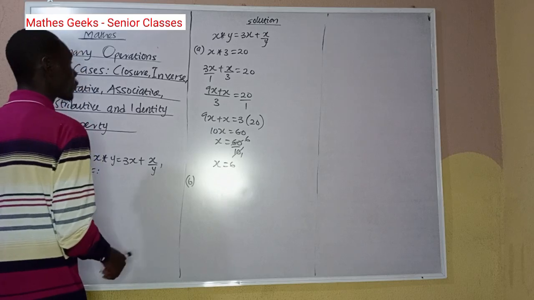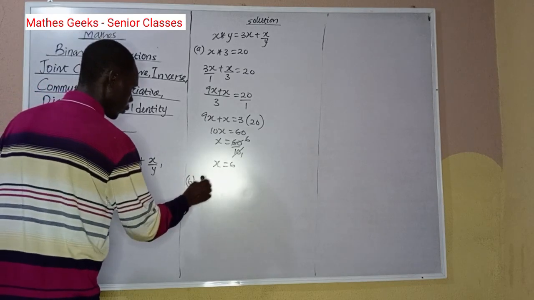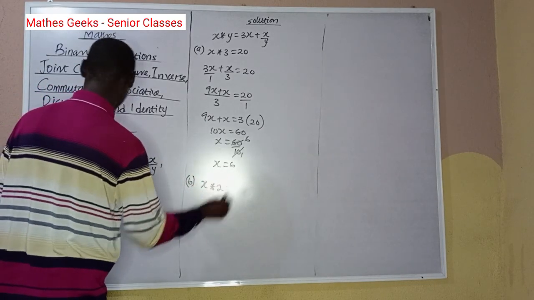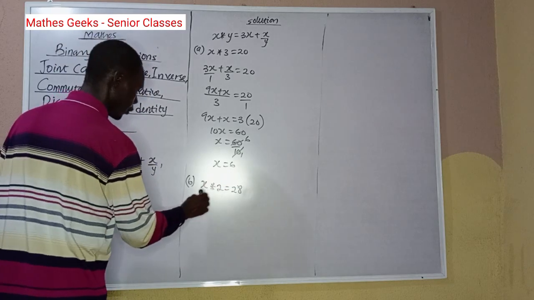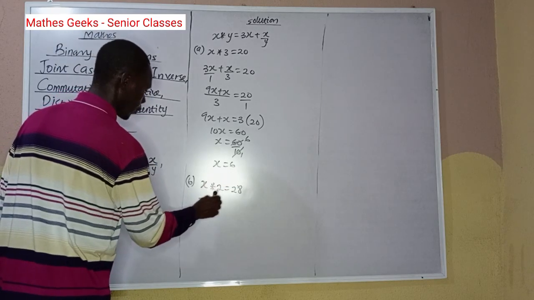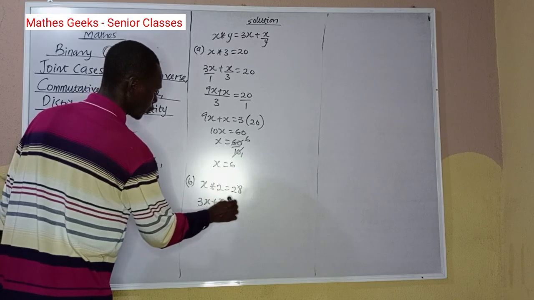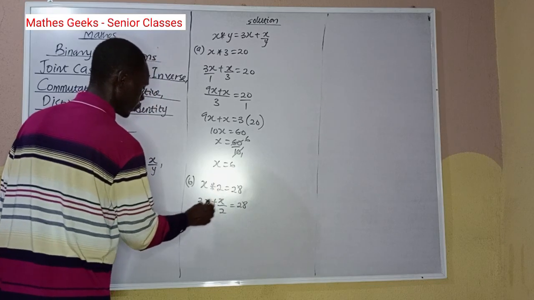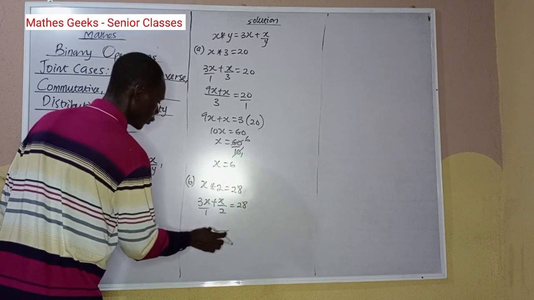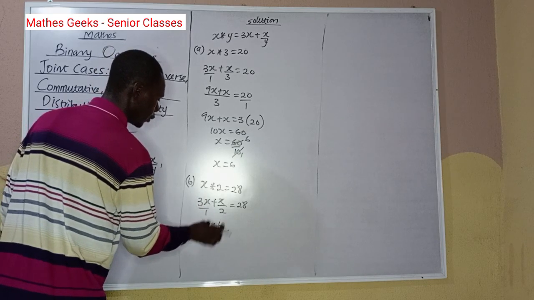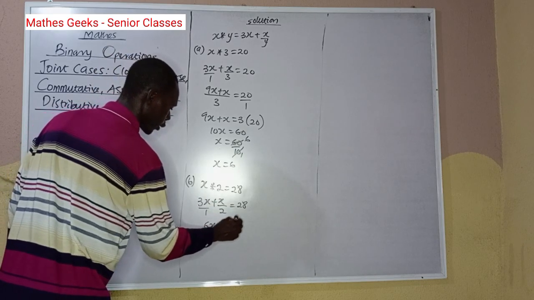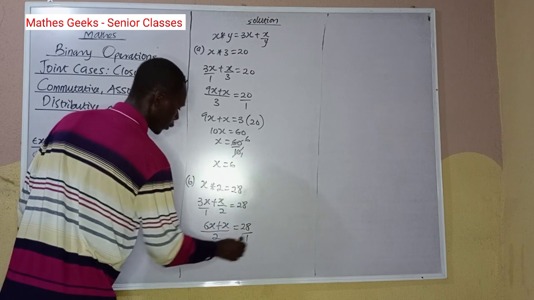The x operation 2 is equal to 28. So 3x plus x over 2 is equal to 28. So LCM is 2. 2 into 1 is 2. 2 times 3x, 6x. 2 into 2, 1. 1 times x is x. 28 over 1.